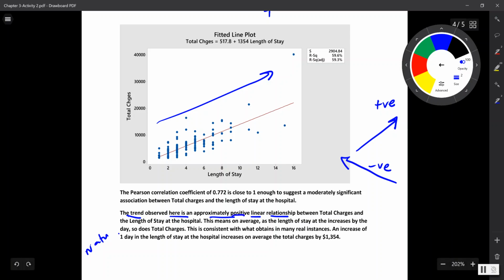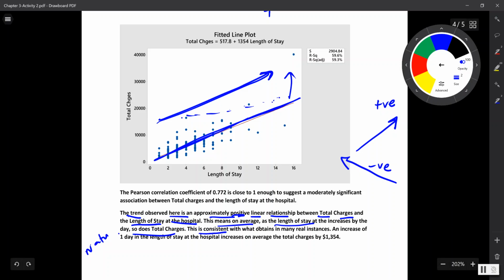So there is a positive, in this case, linear relationship between total charges and length of stay at the hospital. It can follow a trend of a line. This means on average that as the length of stay increases, so does what? Total charges also what? Increases.